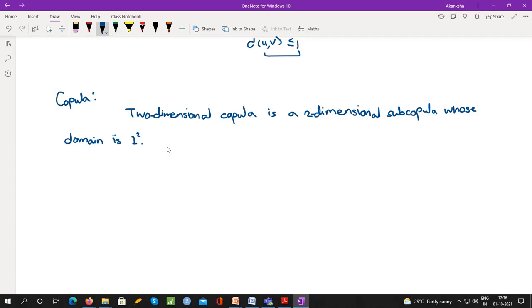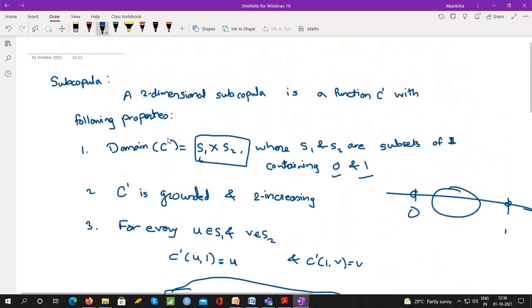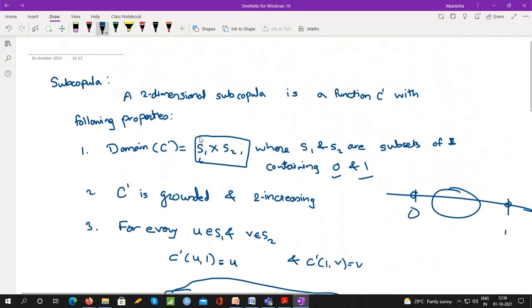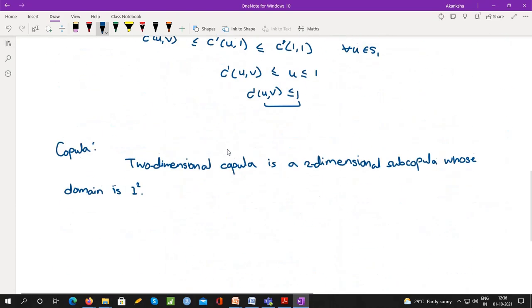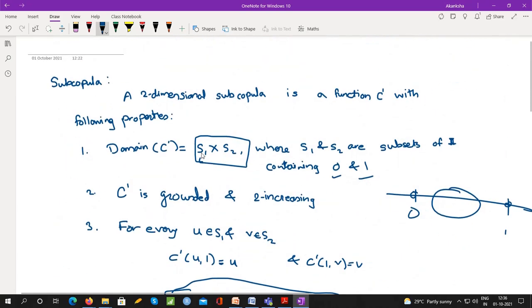So if in the exam you are asked to write the definition of copula, ideally you should write this definition, just replace S1 and S2 by I. Got it? Don't write just this line. You should write this entire thing with S1 and S2 replaced by I.